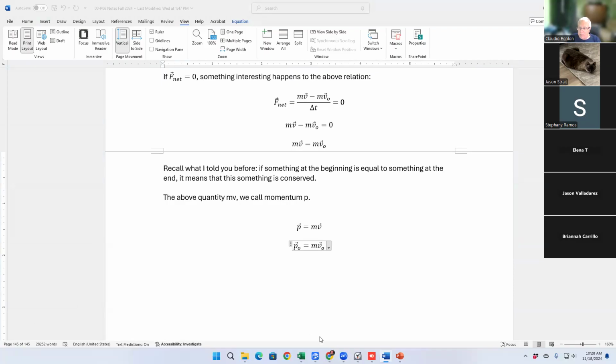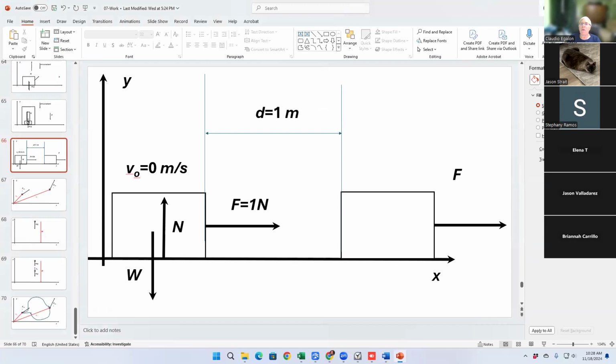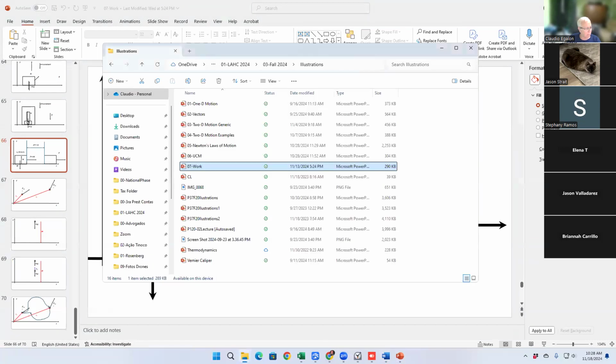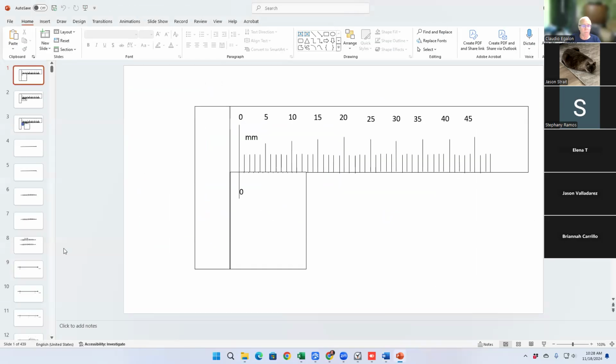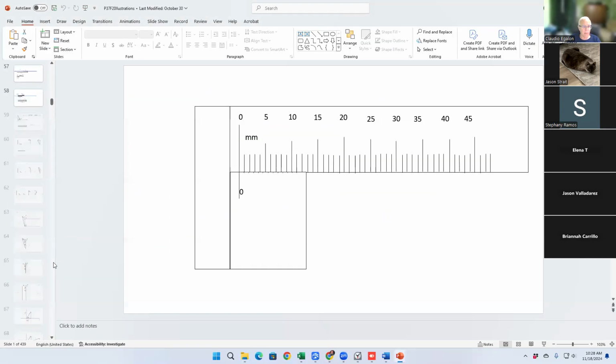And I'm going to explain here with an illustration. Let's go back to my illustrations right here. This one. Let me illustrate.